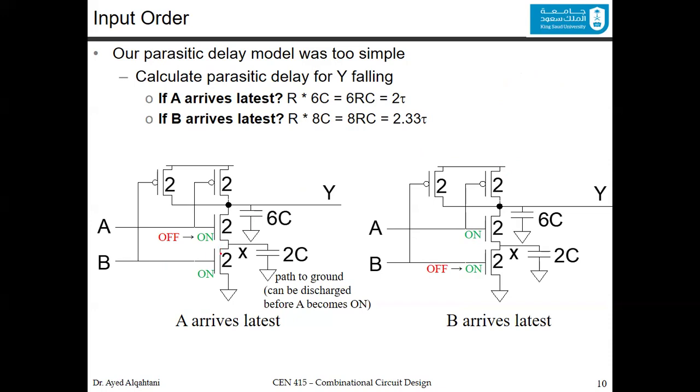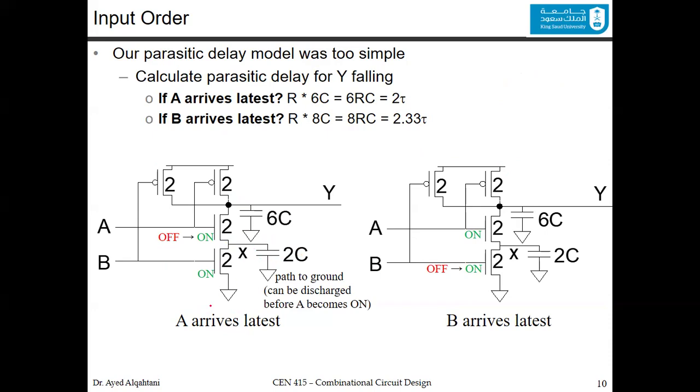If you know that A arrived latest in this NAND design, the capacitance will be affected. So let's calculate the capacitance at the load, which is going to be 2, 2, and 2, which is 6C. And at this node, since it is shared, it's 2C.